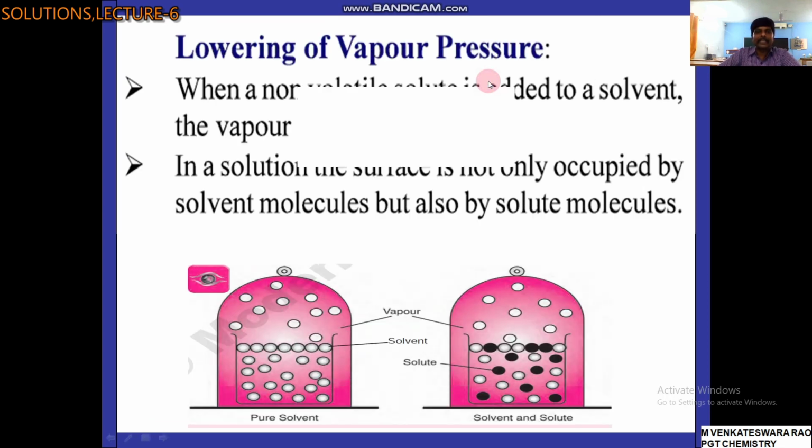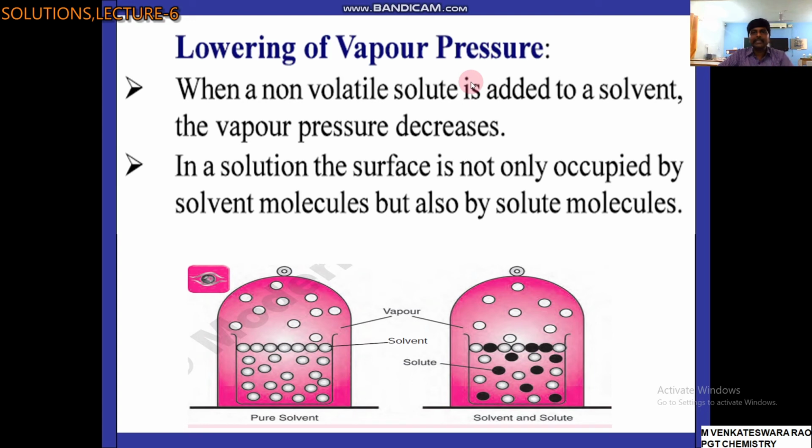Now the second case, that is Raoult's law for a non-volatile solute. Before discussing the second case, we will see the non-volatile solute. When a non-volatile solute is added to a solvent, the vapor pressure decreases. Why?